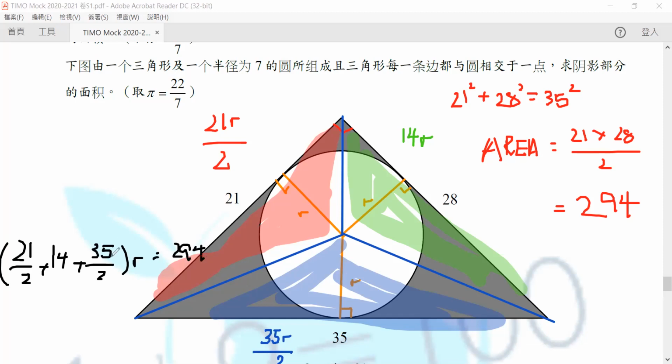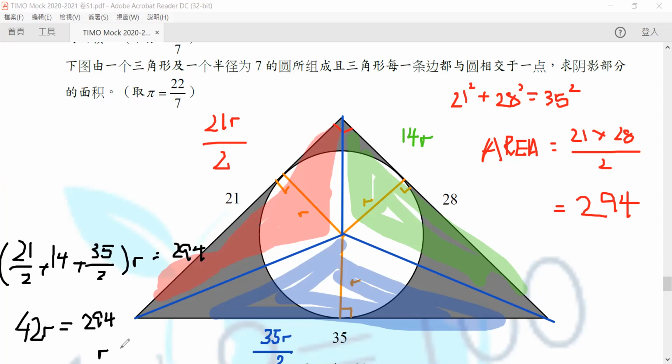This one, 21 plus 35 is equal to 56, divided by 2 is 28, plus 14, which is equal to 42. So 42r is equal to 294.